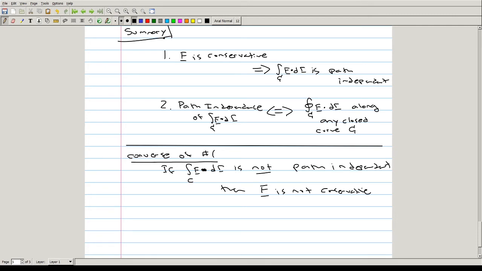This would be one way of checking to see whether the vector field along a given path is conservative or not. So if you can find, say, two paths for which the line integral is different, then the vector field f is definitely not going to be conservative.